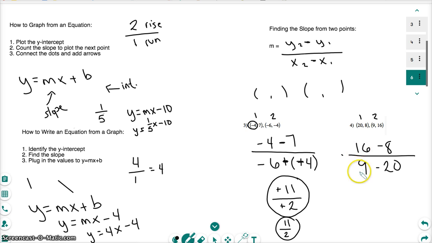Notice how my 16 and my 9 are on top of each other here, and they're also a coordinate pair here. And 8 and 20 are on top of each other, and they're a coordinate pair here. You can't mix up their positions. You can't cross over the coordinates. 16 take away 8 is 8. 9 take away 20 is negative 11. So 8 over negative 11 is negative 8/11 as your slope.